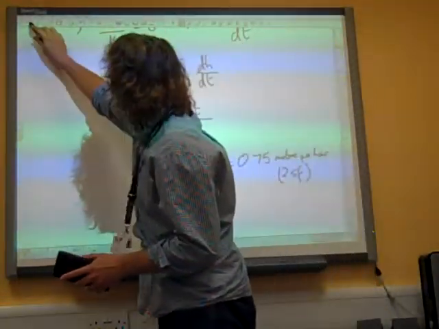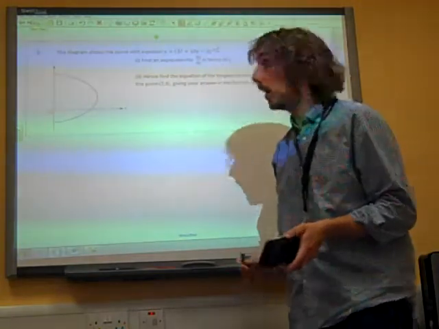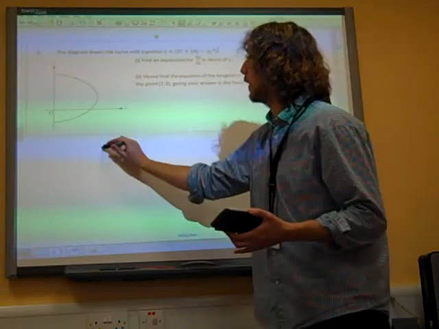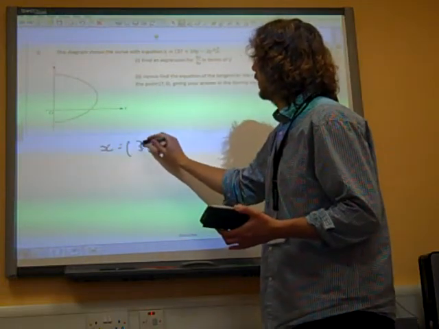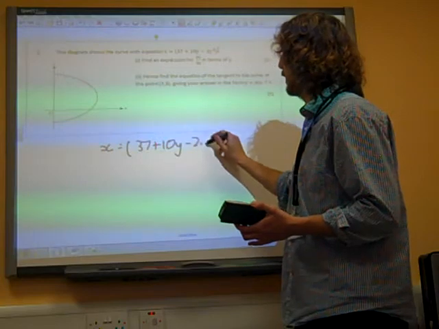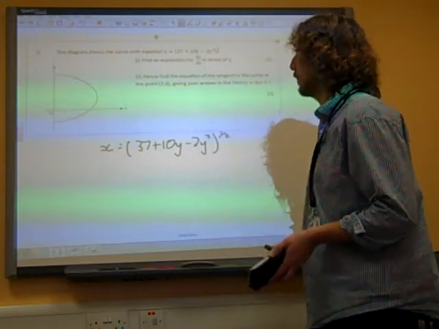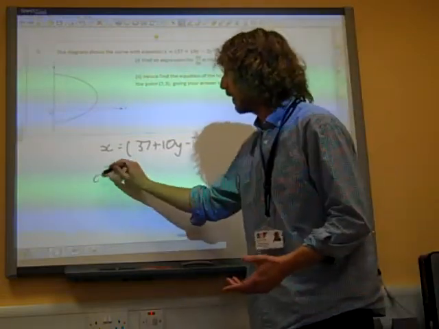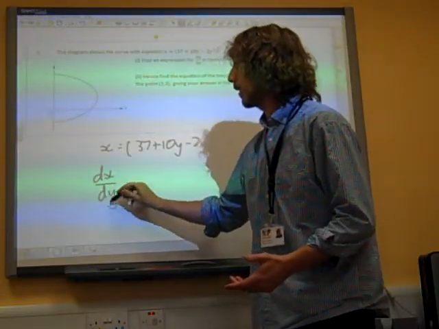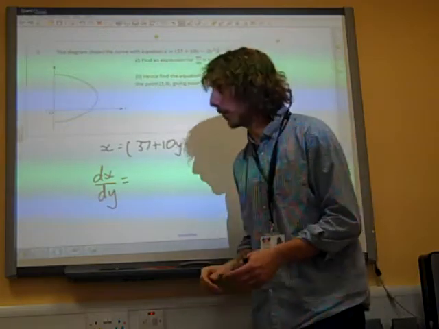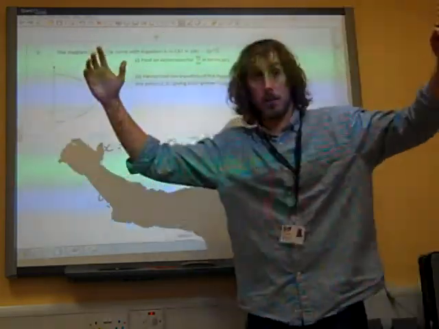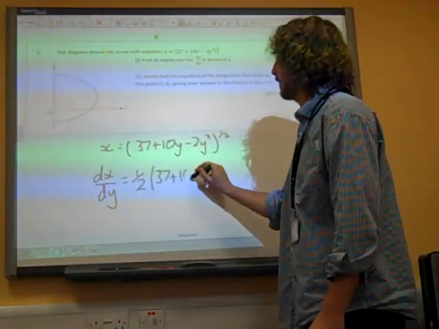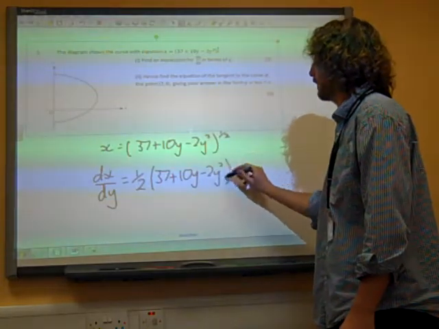Question 2, another past exam question. We had a diagram showing a curve with equation x equals (37 plus 10y minus 2y squared) all to the power of a half, or square rooted. Find an expression for dx by dy in terms of y. Again, we're using the chain rule. The big function is something to the power of a half: 37 plus 10y minus 2y squared.